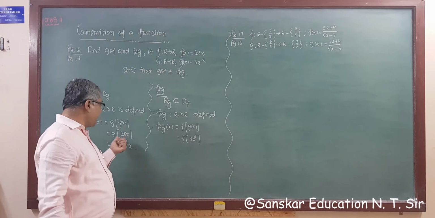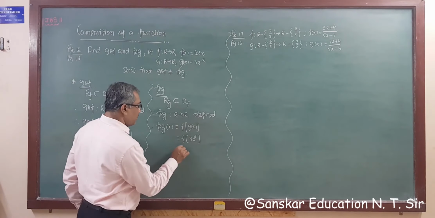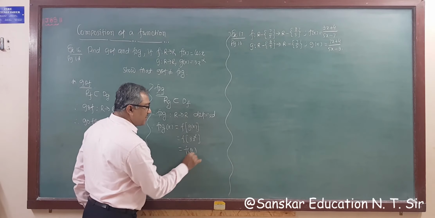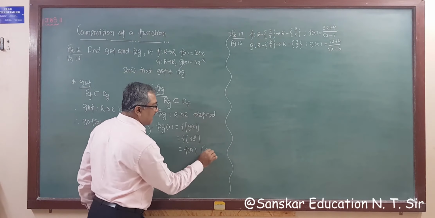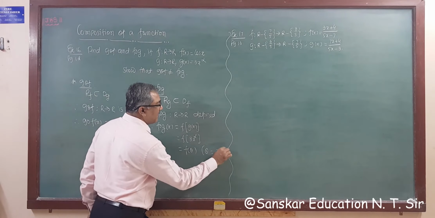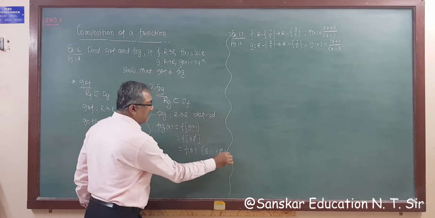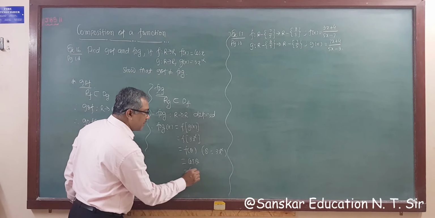If you are not able to write directly, then you can write like this also. Put some constant, suppose theta, where theta is equal to 3x square. Now instead of x we have theta. So what is our answer? Instead of x we put theta, that is cos theta, which is cos of, and what is theta?